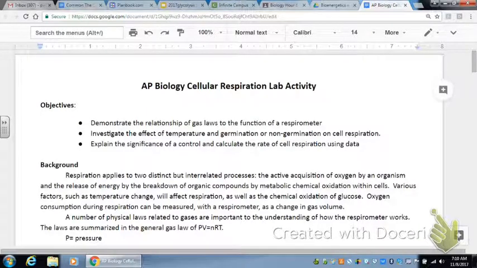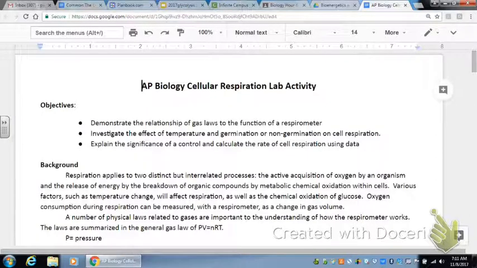And then from there, you can figure out how you can manipulate certain environmental factors that might affect the rate of cellular respiration. Ultimately, that is what you need to be testing. You need to be testing the impact of some factor on respiration rate. So you will be calculating rate by the time we're finished with this.